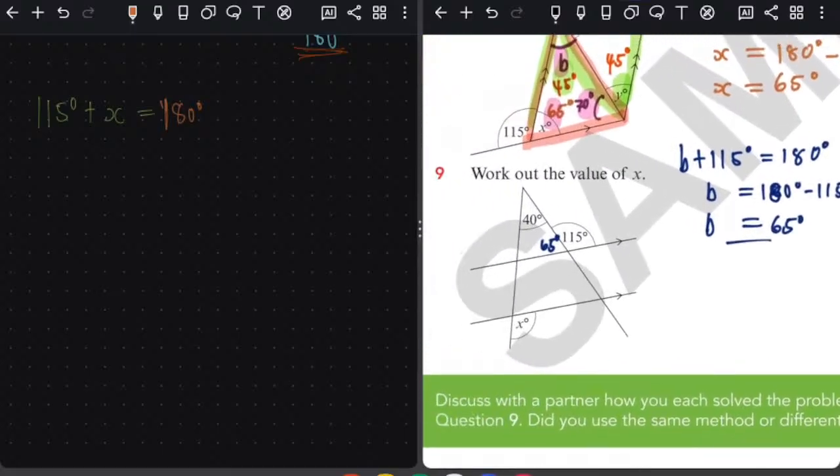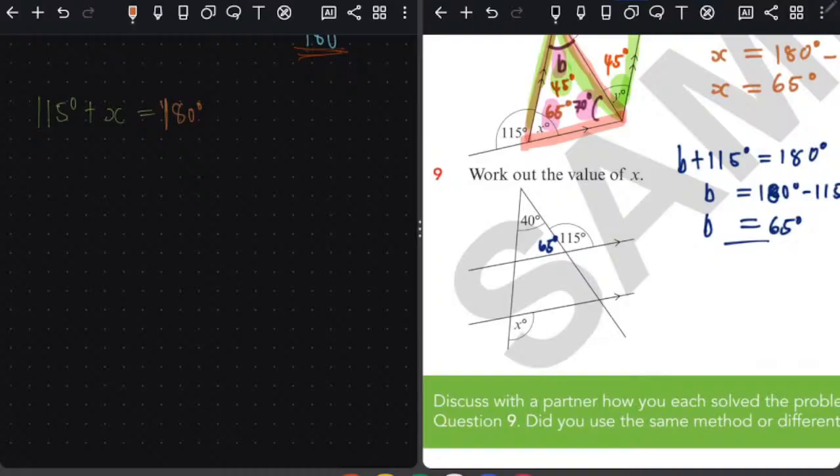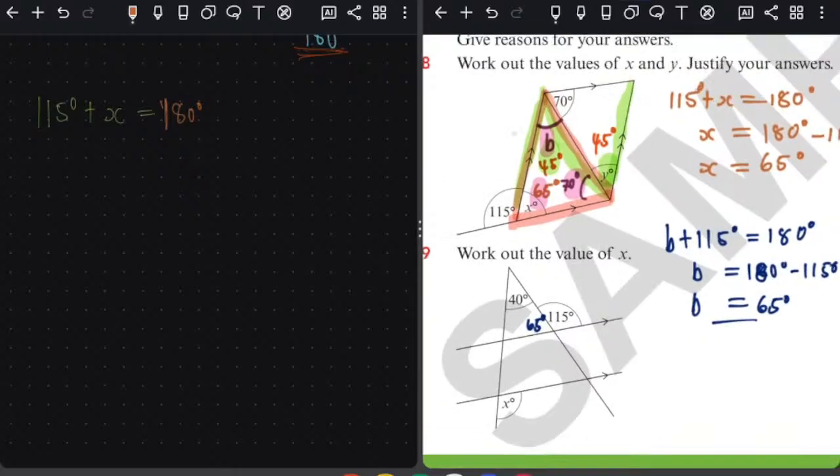Victorson, what did I say when you know two angles inside a triangle? How did we find this 45 here? Angles in a triangle add up to give what? When do you use that one, where it says angles in a triangle add to give you 180?